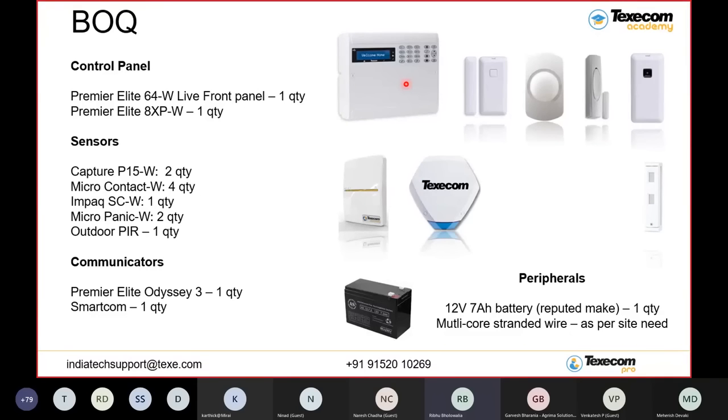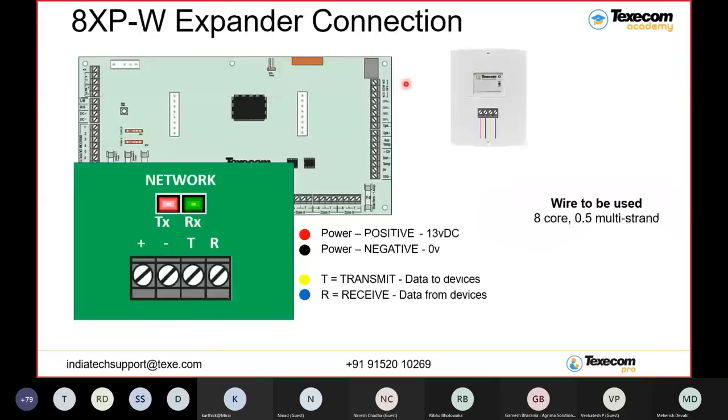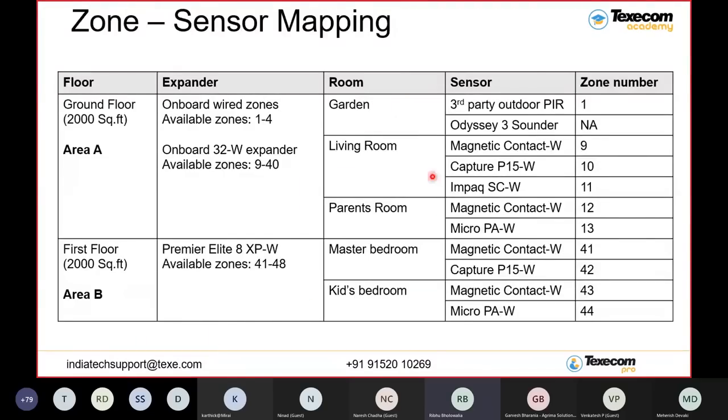So what will we do? Zones 1 to 13, because 1 to 13 are all in the ground floor area, I will assign as area A. And 41 to 44, because these are in the first floor area, I will assign as area B. So what will happen?